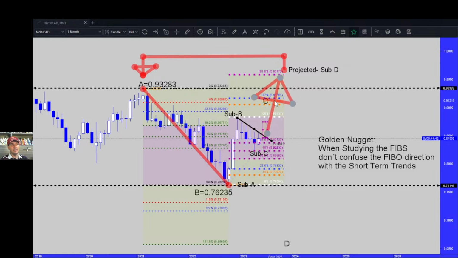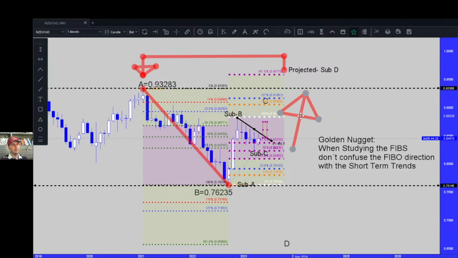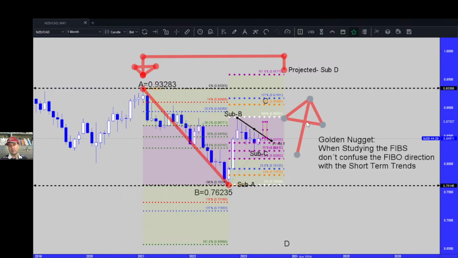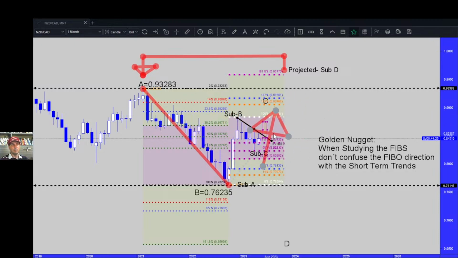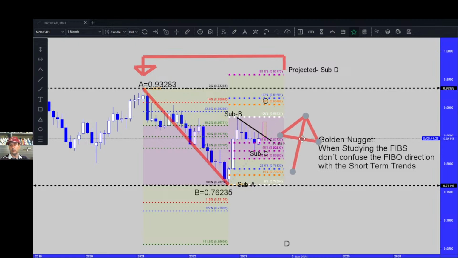Monthly, weekly, daily, it could happen once. Monthly, maybe never. Daily, maybe it could happen once, maybe twice. But 8 times out of 10, this market is going to push down. Exactly, because the original Fibonacci is stronger.